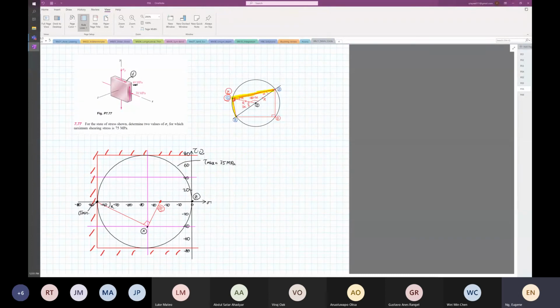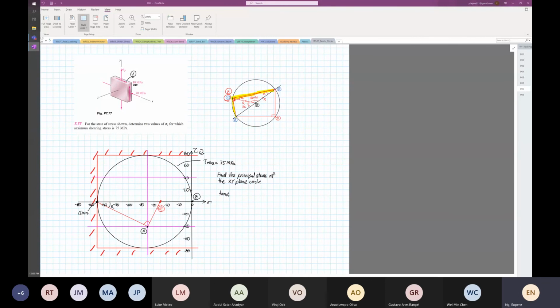So from here, we're going to find the principal stress of the XY plane. Over here, we can first find tangent alpha.